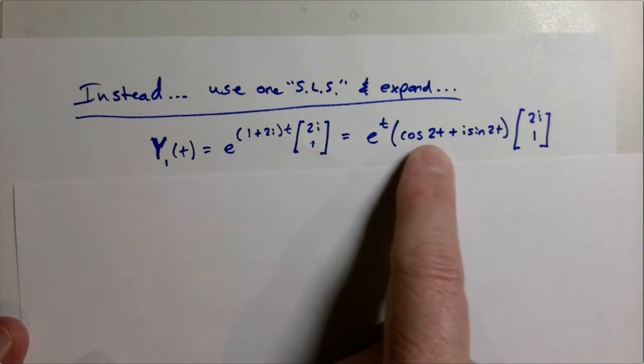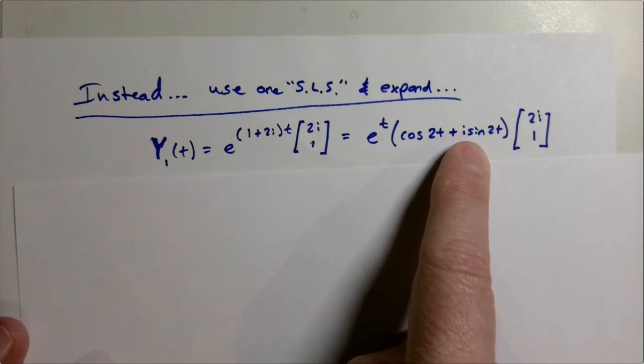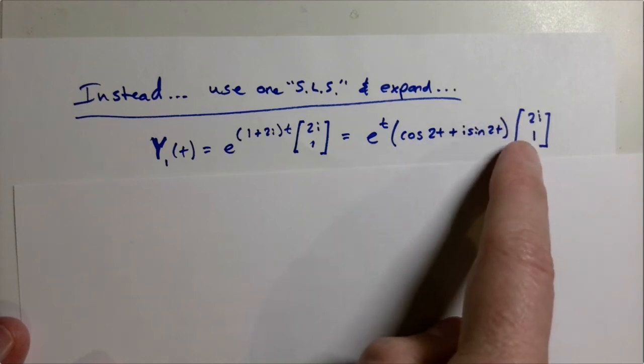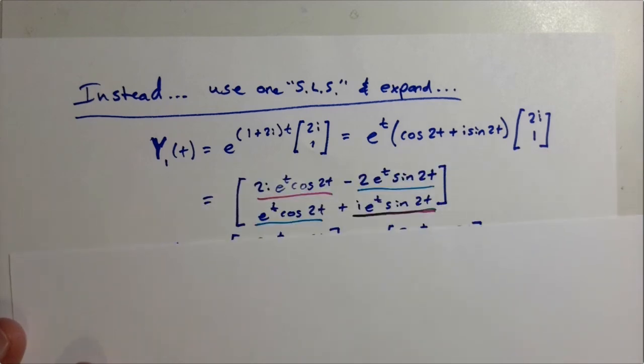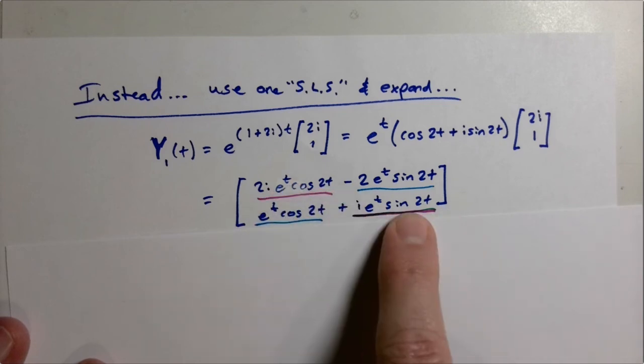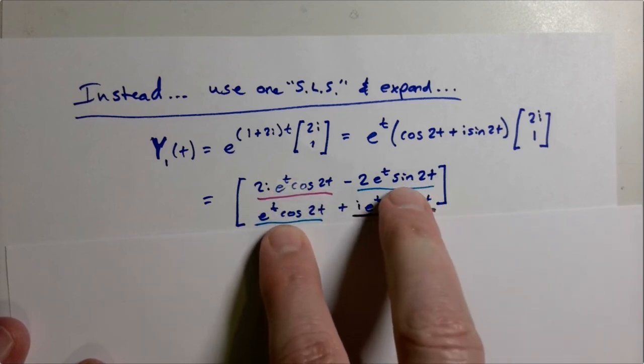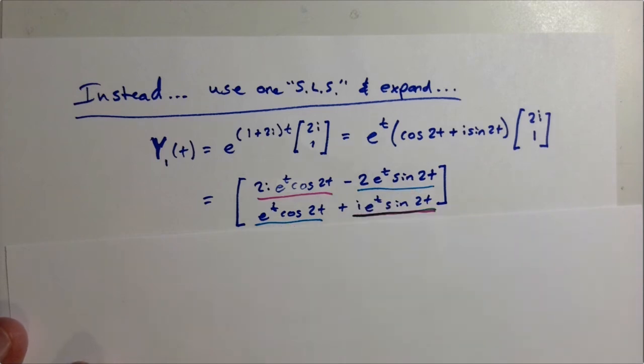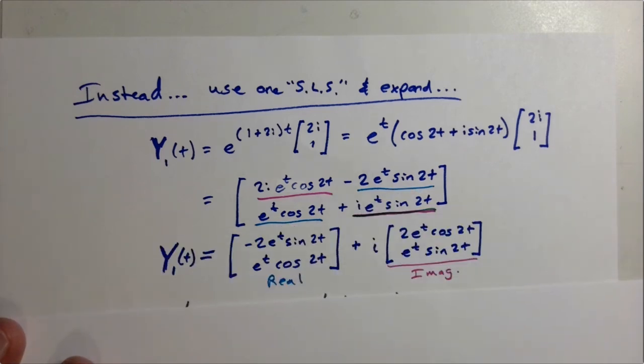And then I expand that and use my Euler's formula. And then my next step is I'm going to multiply this through top and bottom. It looks like that. And you notice right away we've got imaginary values and then real terms. And so we can pull those apart into the real and imaginary terms.